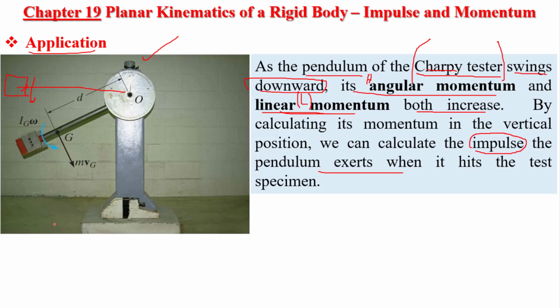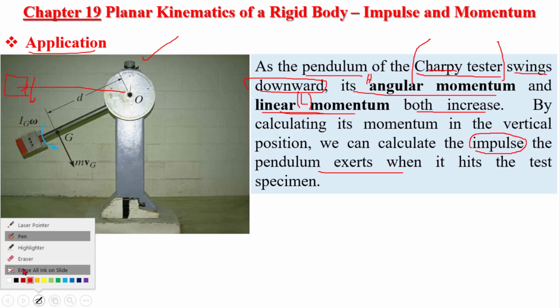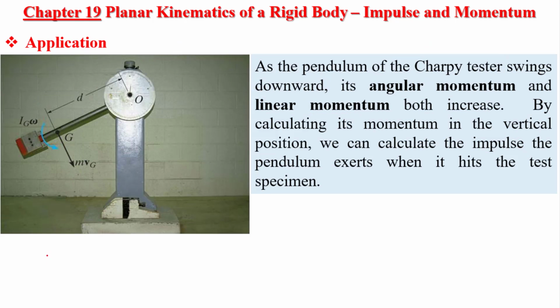Okay, but here take a look at the values. So this value, for example, is mass multiplied by velocity of the centroid. So here is the centroid, and you know that this point is fixed, okay? And the velocity of this point is tangent to the curve because this is rotation about a fixed point.